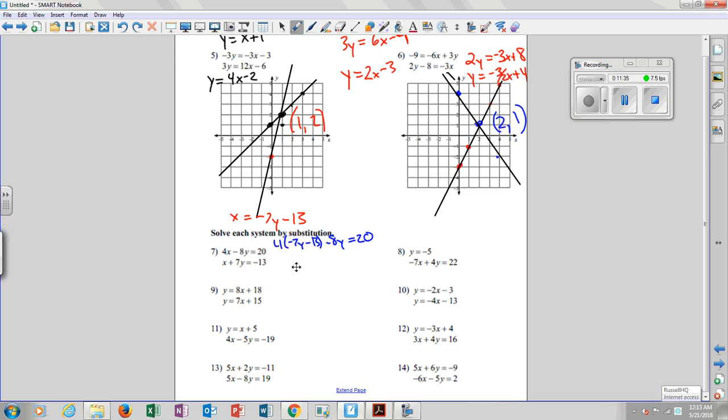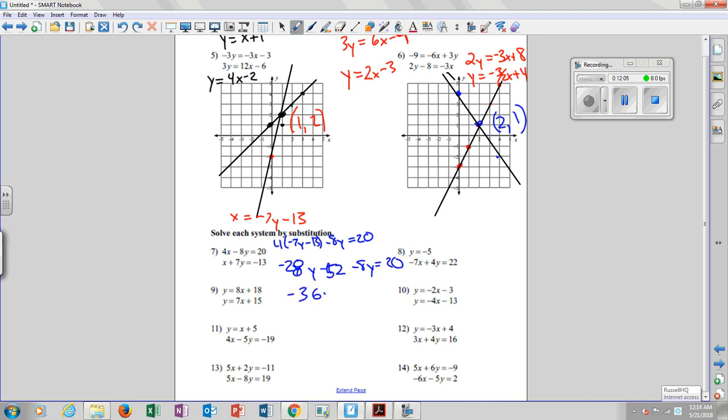Now we distribute. Gives you negative 28y. And then 4 times 13 gives you 52. So minus 52 minus 8y equals 20. You're going to add the 52 over and then combine your like terms.